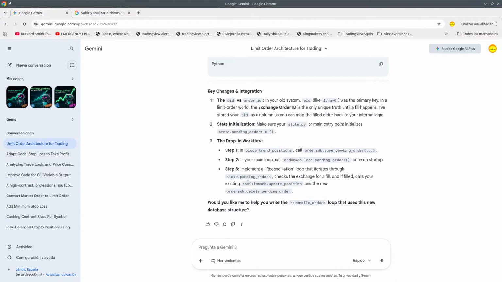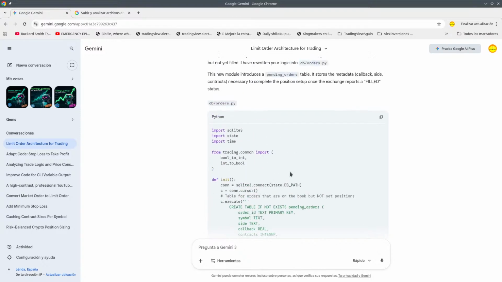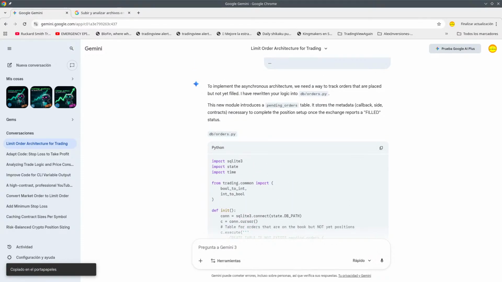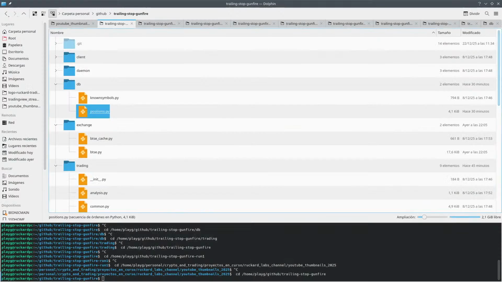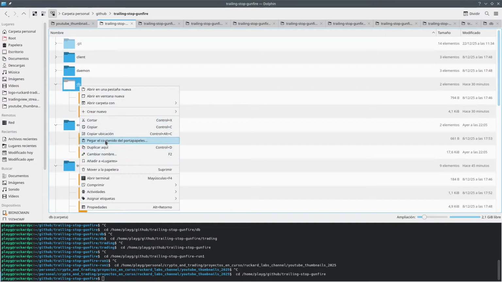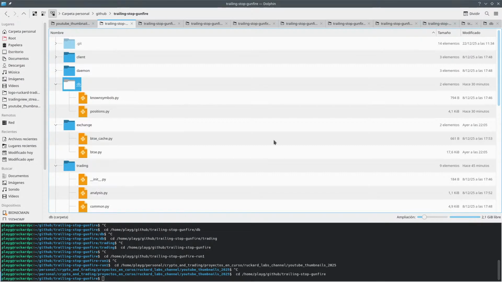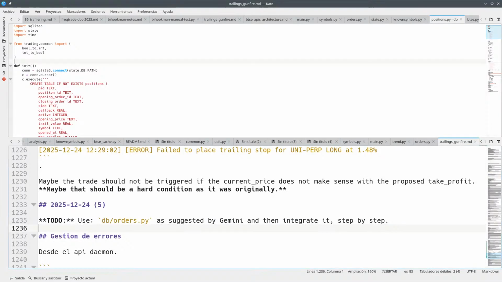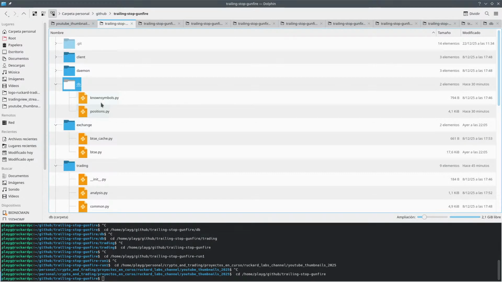Yeah, for now we're not going to have the reconcile orders loop, so let's copy this thing and go into DB. So this is orders.py. Yeah.